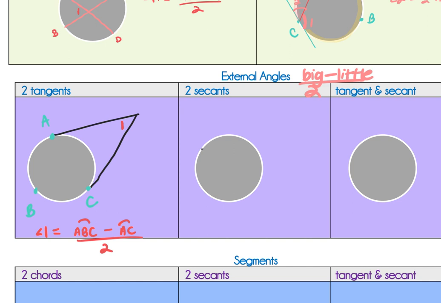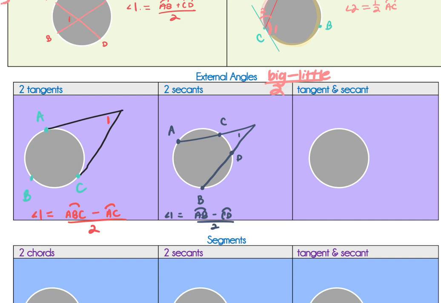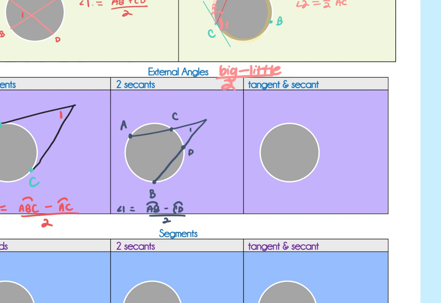Then there were 2 secants. So 2 lines that run through the circle and intersect it twice. Still big minus little divided by 2. So angle 1 would be arc AB minus arc CD divided by 2. And the last exterior angle is the tangent and the secant.